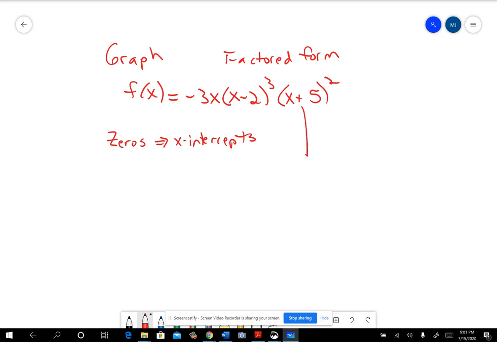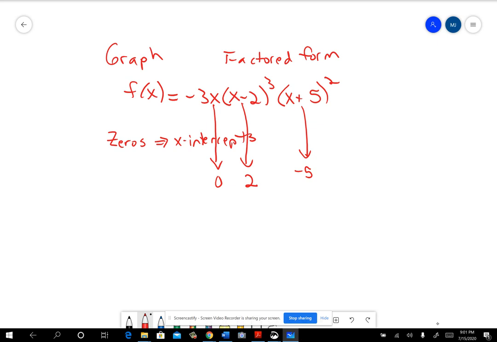So x plus 5 corresponds to an x-intercept or a zero of negative 5. Here, you'd have a zero of 2, and then the x right there is really 0, okay? So those are your zeros of the function. Those turn out to be x-intercepts of the graph, since they're all going to be real numbers. So the zeros correspond to x-intercepts.